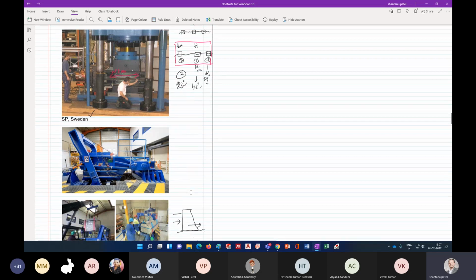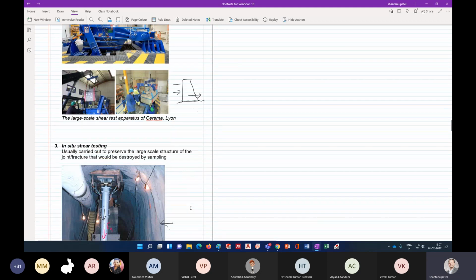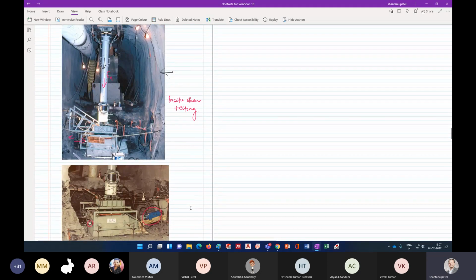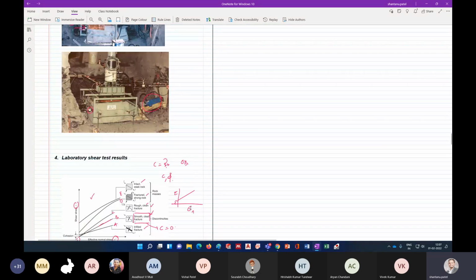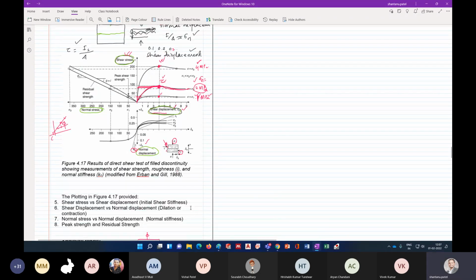For bigger samples, we have these huge testing machines, and we learned that we can do joint testing on site also. And we discussed what the shear stress versus shear displacement curve looks like for this test.